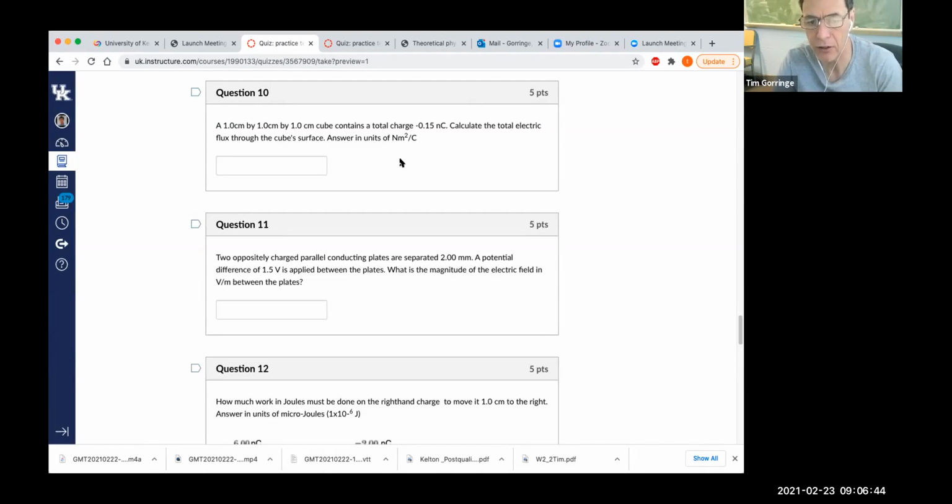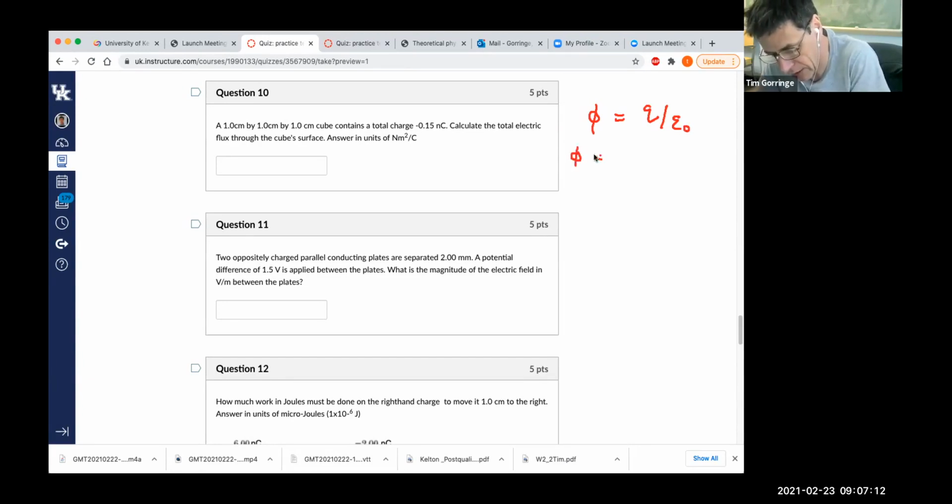Gauss's law tells us the net flux through a closed surface, the cube is a closed surface, in terms of the charge inside the closed surface. So in this case, the net flux through that cube is equal to the charge contained inside the cube divided by epsilon naught, the permittivity of free space.